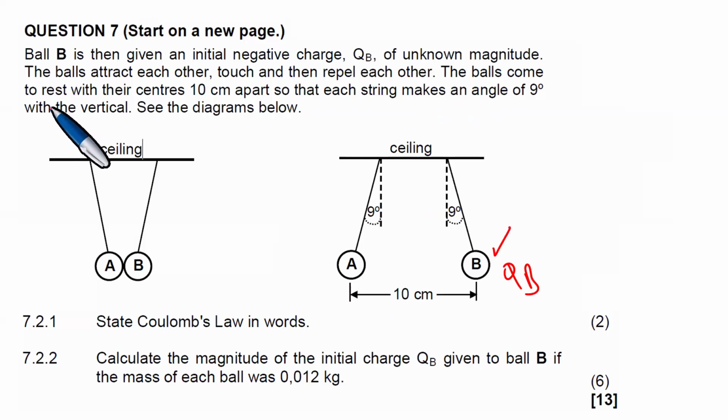B was given some negative charge, and then these attract each other, and then they start repelling each other. The balls come to rest with their centers 10 centimeters apart, so that each string makes an angle of 9 degrees with the vertical.